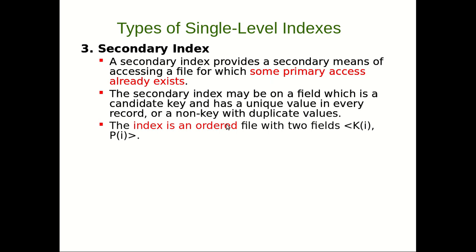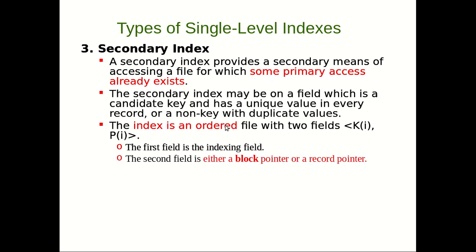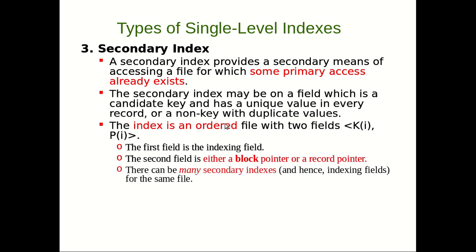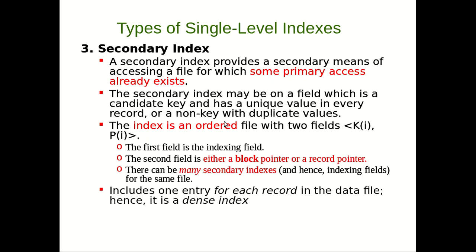Even though a block will be accessed, it should be to the specified record. The first field is the indexing field, the second field is either a block pointer or a record pointer. There can be many secondary indexes for a file. You can have a primary index as well as a number of secondary indexes on different fields if required.